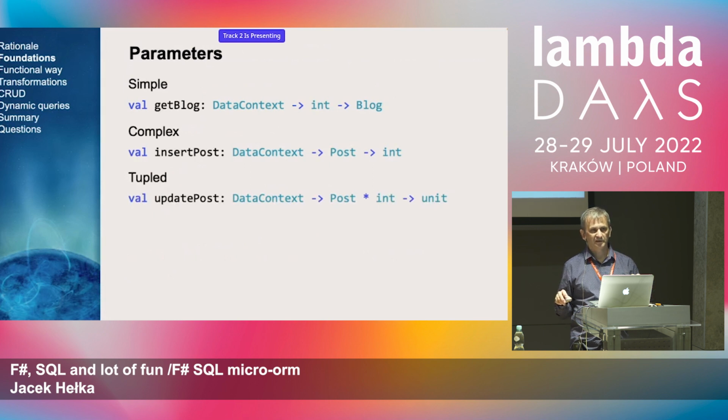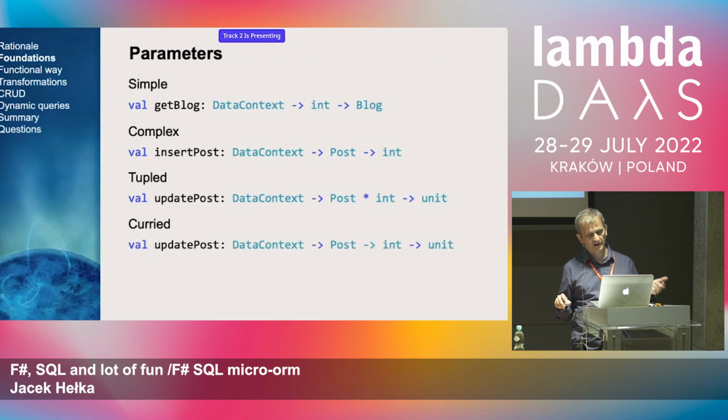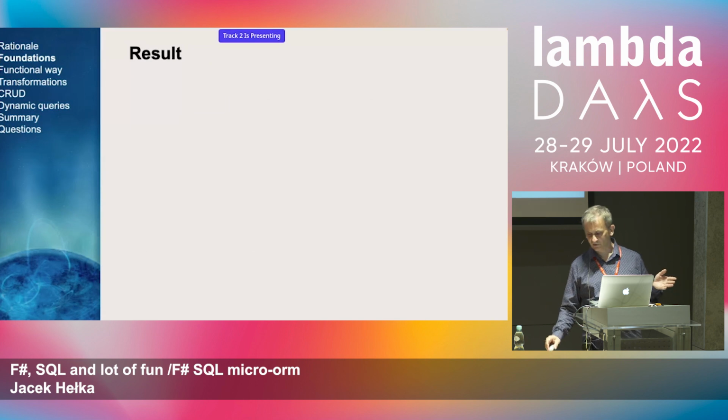Some mixes of one with another, either with tuples, like here, or by currying. And that is almost the whole set of possible parameter types. There are others that can be achieved with extensions, custom conversions, etc. For example, lists of simple values or even lists of records are possible, but not in a standard solution.